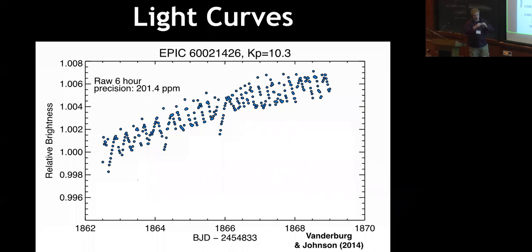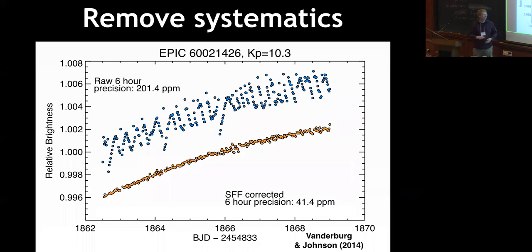They're just like beads on a string lining up right in front of one another. Kepler data is beautiful, and this is not necessarily all that beautiful. You can see these jagged motions in the light curve. This is caused by the unstable pointing. But if you correct for that, you can get something that looks more like Kepler. But the process of doing this isn't always perfect, and I'll come back to this later in the talk.